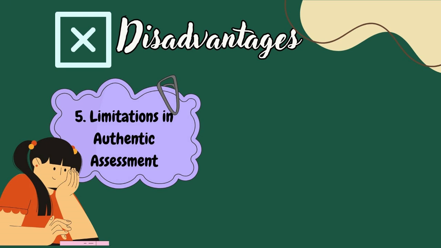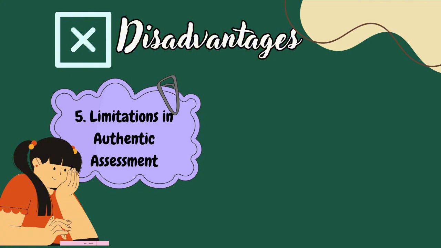There may be concerns regarding the authenticity of student work in online environments. With the ease of accessing information on the internet, maintaining academic integrity and verifying the originality of student submissions can be more complex in digital assessment. This raises questions about the reliability and validity of the assessment results.